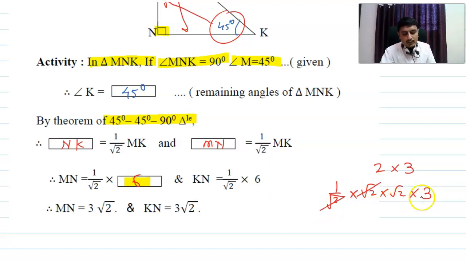Root 2 into 3 we may write as 3 root 2, and 3 root 2. Our first side is MN, so let's fill the first box with MN and the next box with KN. We have to interchange the values. Since it is an isosceles right angle triangle, MN equals NK, and both equal 3 root 2.